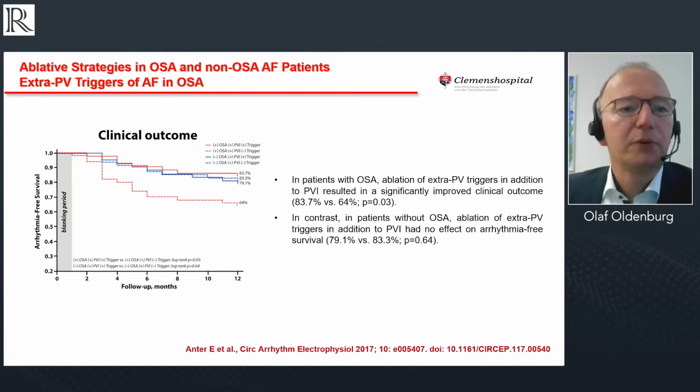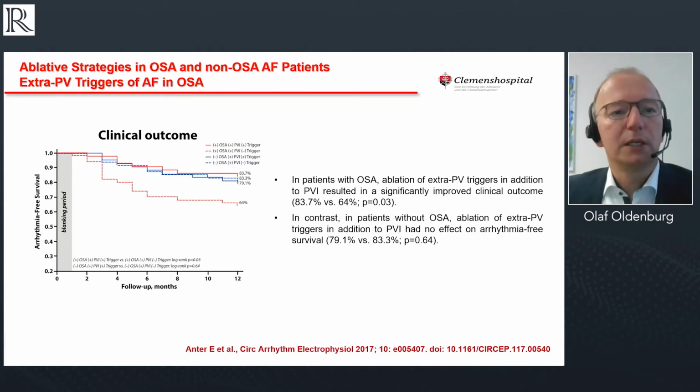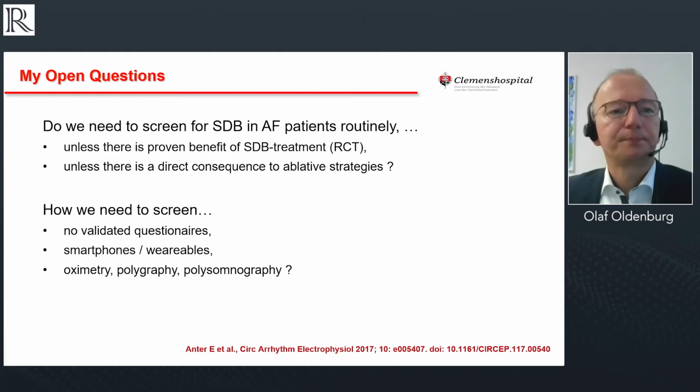The red lines are the ones having obstructive sleep apnea at the very beginning, and the upper line represents the ones who have OSA, you did your pulmonary vein isolation, and you treated the extra pulmonary vein triggers as well, and you get good results. If you leave them untreated, your recurrence rate is at least not so good as before.